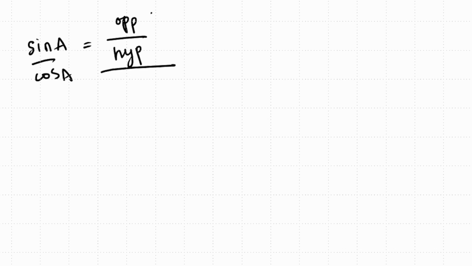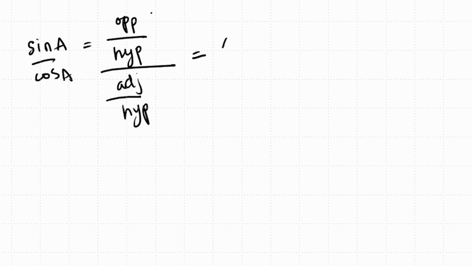Now, have you ever wondered what sine A by cos A is? You know that sine A is opposite by hypotenuse, and cos A is adjacent side by hypotenuse.